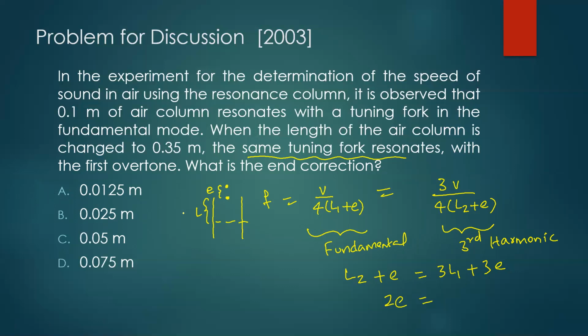L2 is 0.35 minus 3 into L1, which is 0.3. So this happens to be 0.05, but that is 2E. So E will be half of that. So 0.025. Okay. So the end correction will be B. You understand this? Yeah.